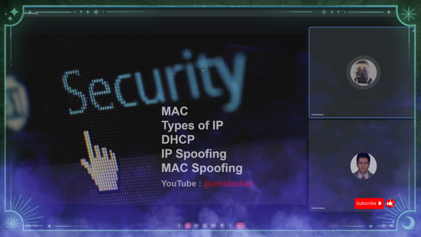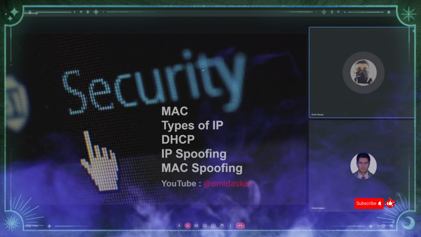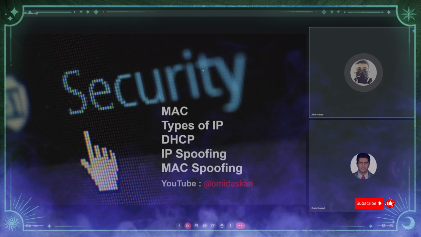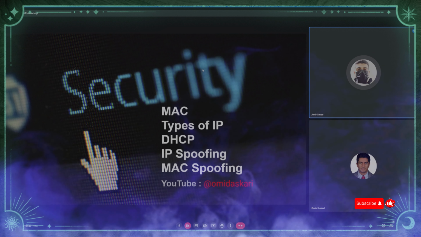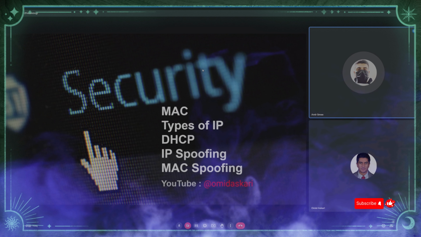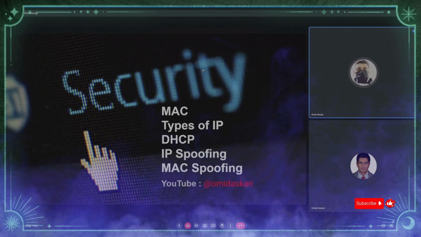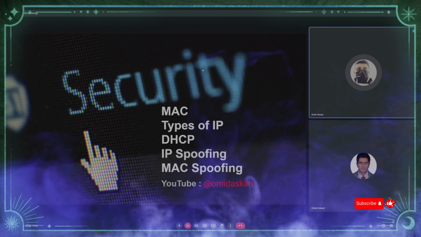For IP spoofing, for example, we could implement anti-spoofing, or we could update our software regularly because in each update, developers usually put in security patches that reduce vulnerabilities.